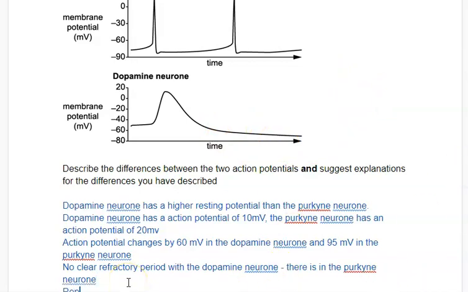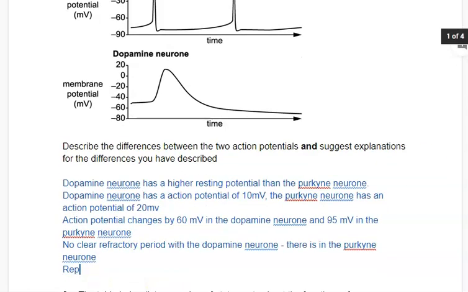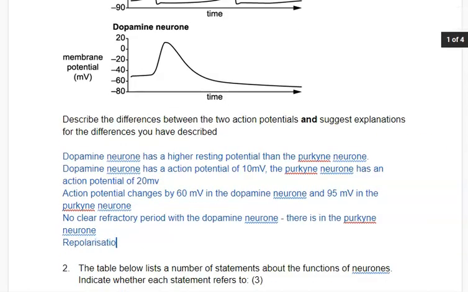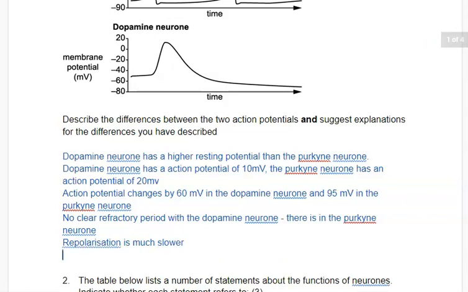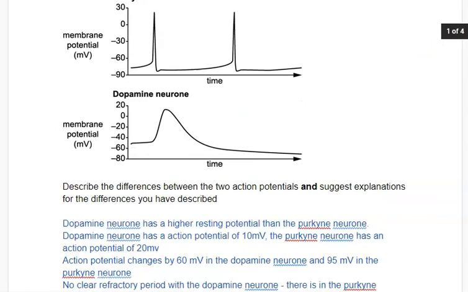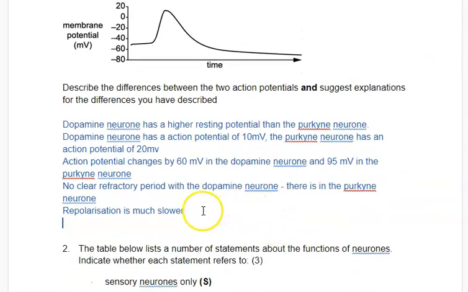So repolarization is much slower. The action potential, if I go back and look here, the action potential is longer. So this one is in the dopamine neuron compared to the Purkinje.